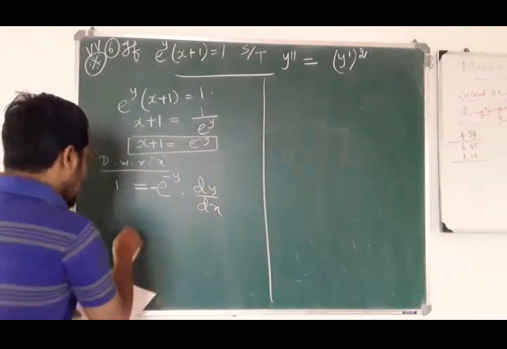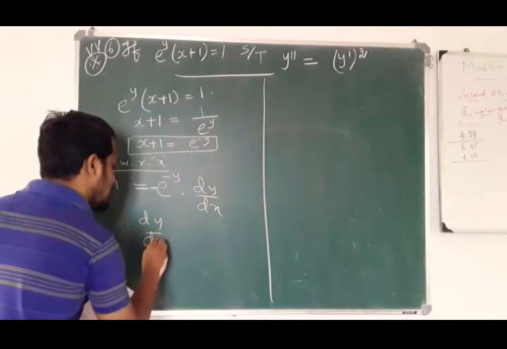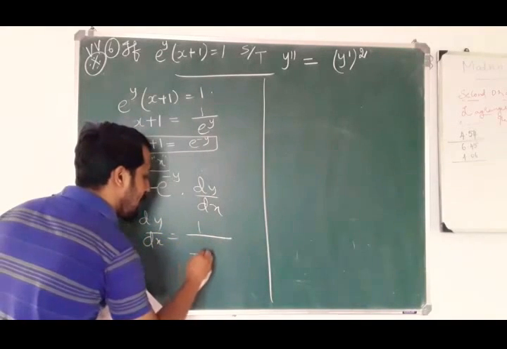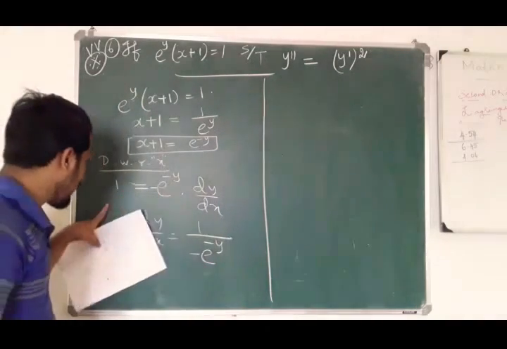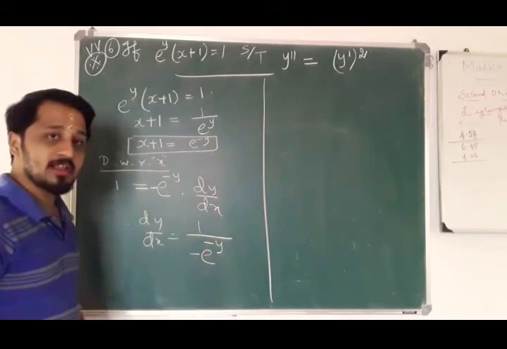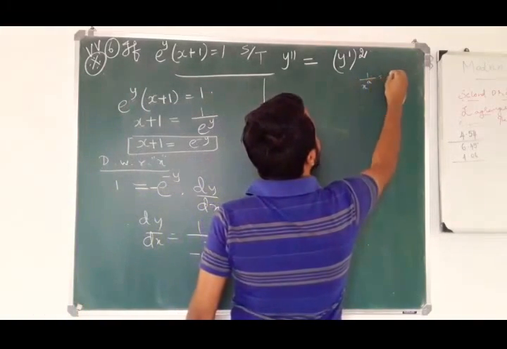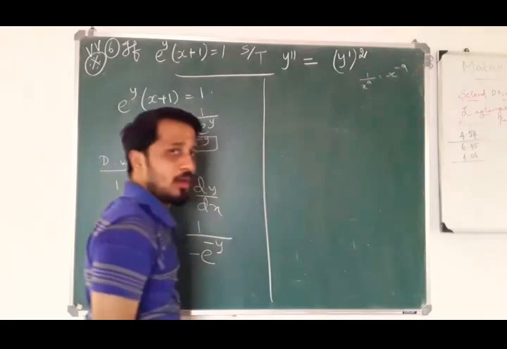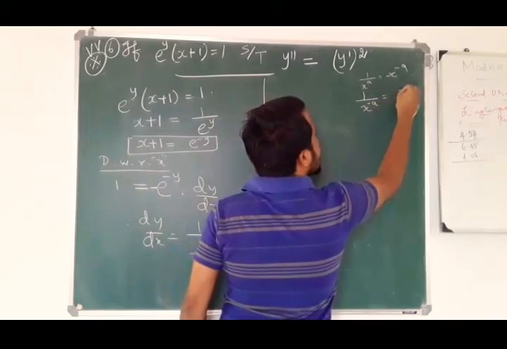Therefore dy/dx = 1/(-e^(-y)). We know that 1/x^a is x^(-a), and 1/x^(-a) can be written as x^a.